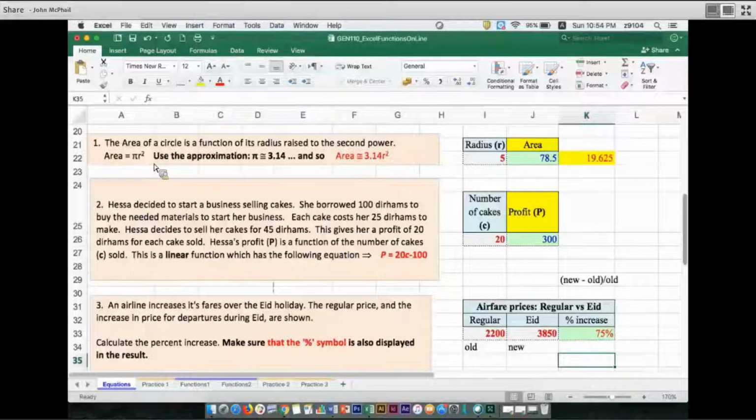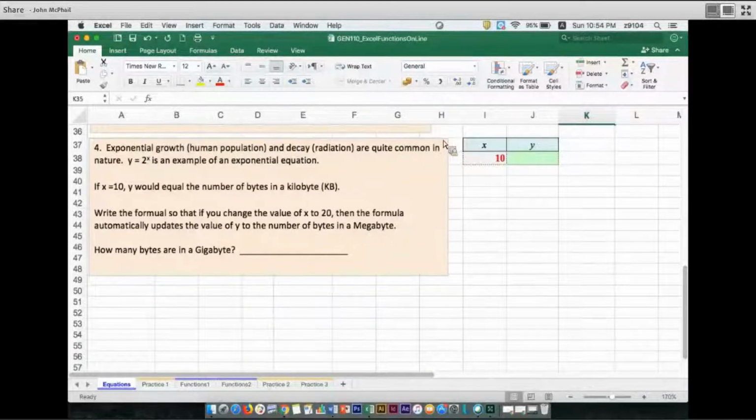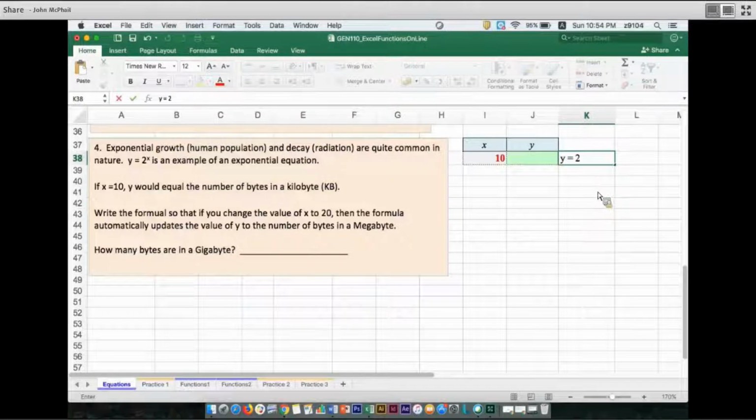One last question. An exponent, exponential growth. We want to use the formula y equals 2 raised to the power x. Frequently used in science, population growth, radioactive decay.